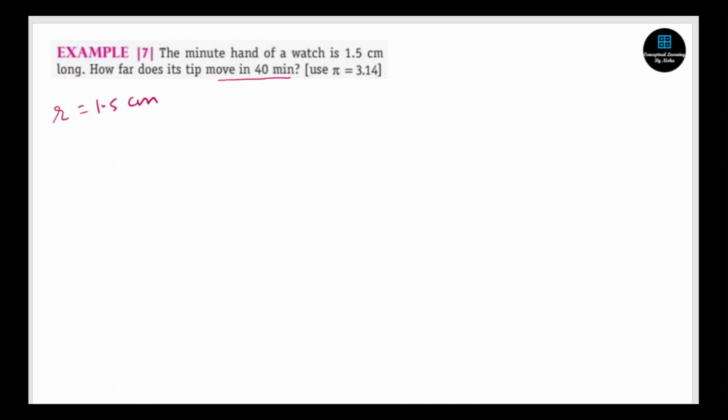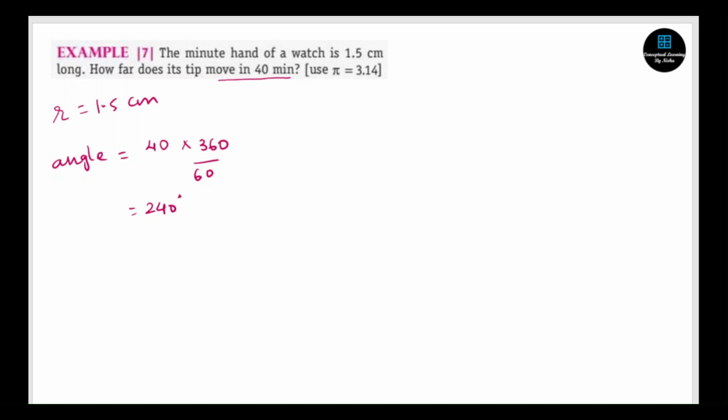So the angle equals 40 over 60, correct? 40 times 360 over 60. So this gives us 240 degrees.